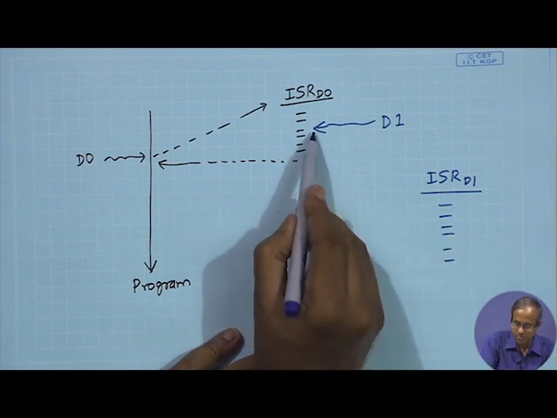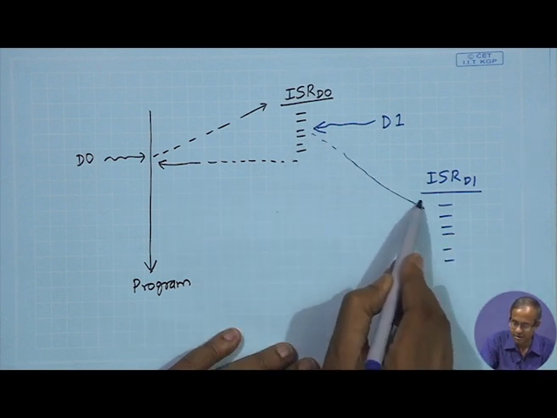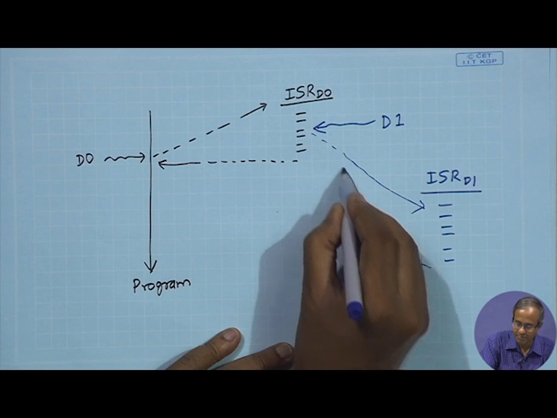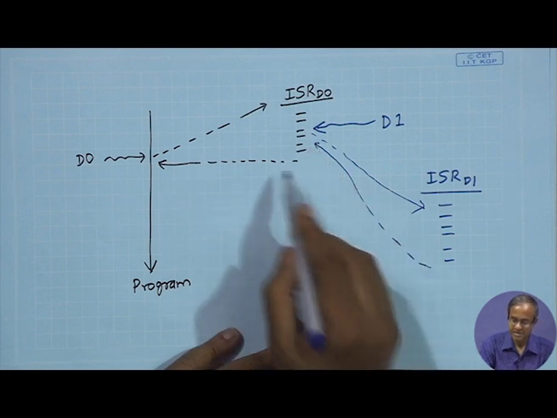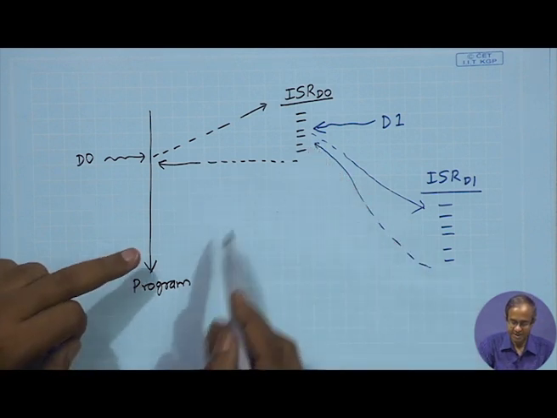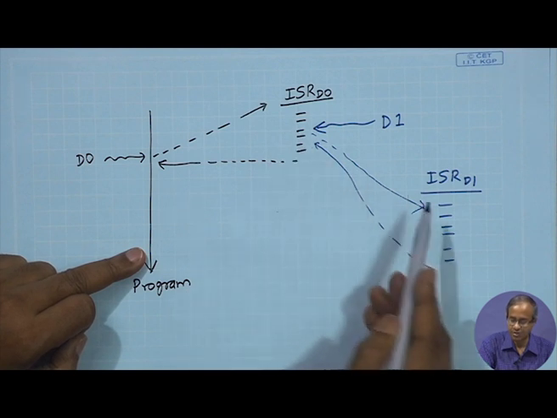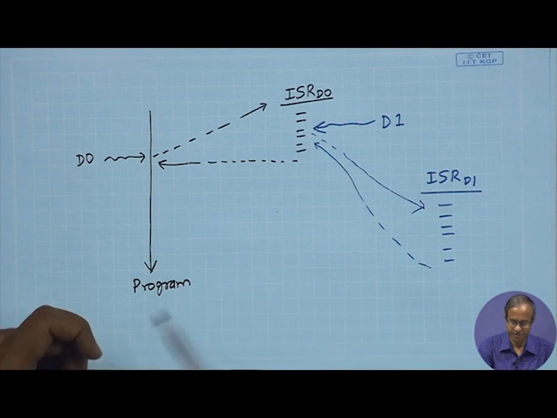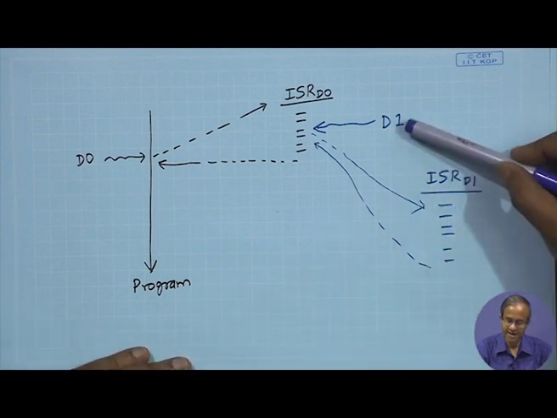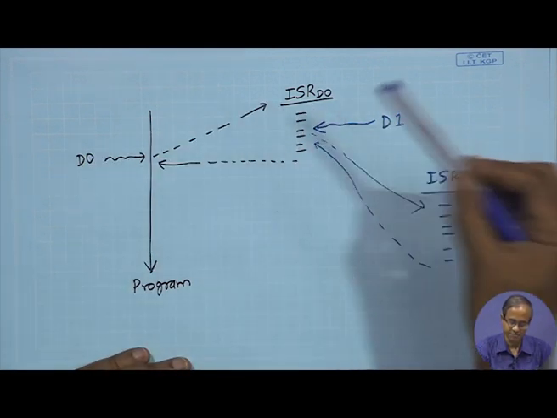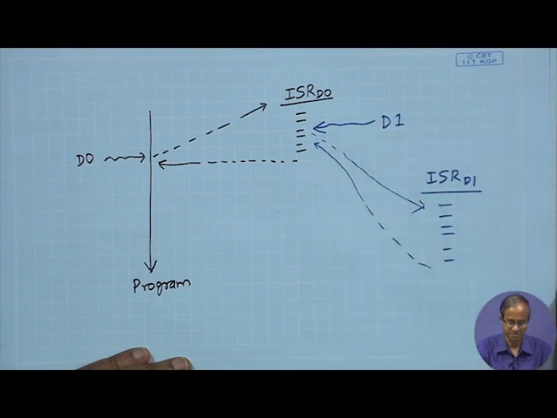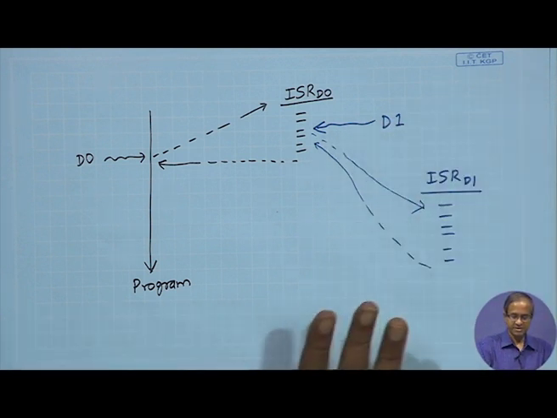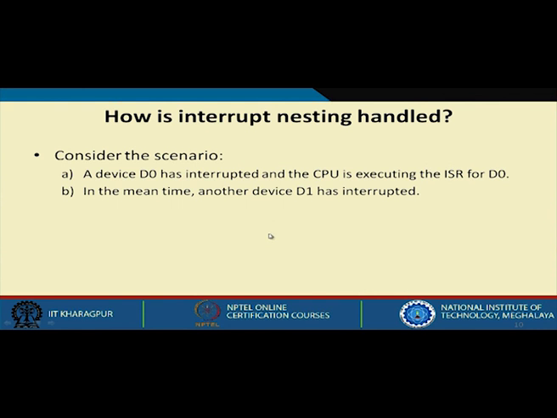So, should we stop this, go here, process this and then come back and resume here? This is called nesting, that before something is finished you are going somewhere else. This is nesting of interrupt requests. Before the handling of interrupt request D0 is finished, another interrupt has come. Okay? This is what is meant by nesting.